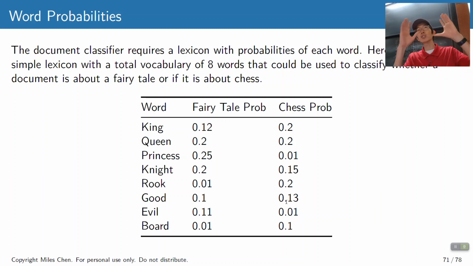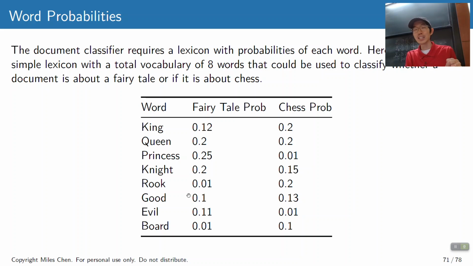Again, this is just a tiny version of what you might use in real life, which would have like 10,000, 50,000, or 100,000 words. And you'll have a whole bunch of these probabilities that would add up to 100%, okay? Most of them would be on the order of 10 to the minus 3, 10 to the minus 5.